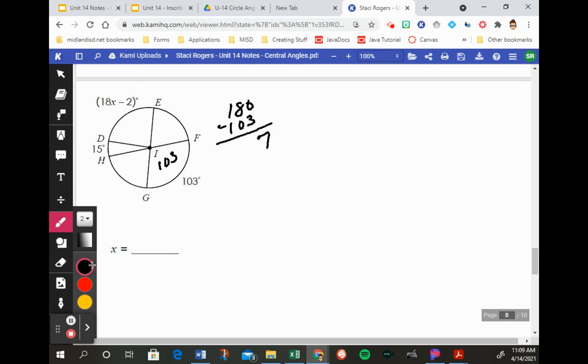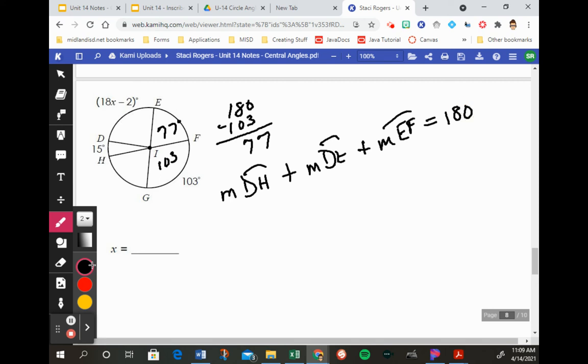So that's a 77. This one is 77 degrees. So I have measure of DH plus the measure of DE plus the measure of EF equal to 180.